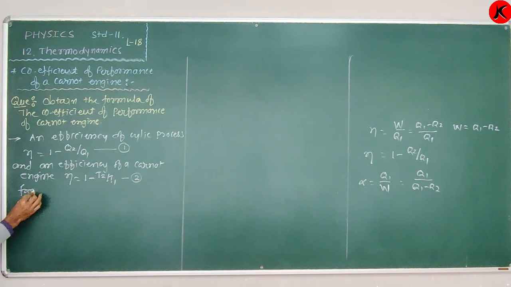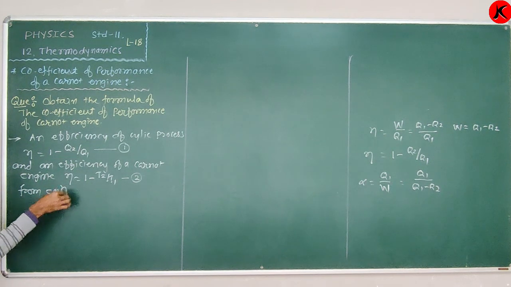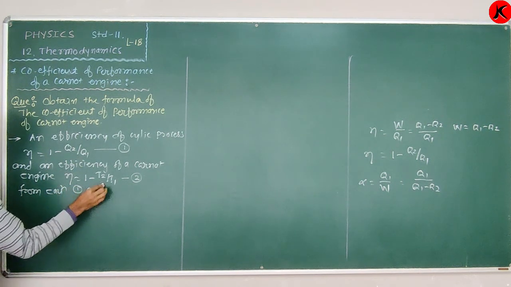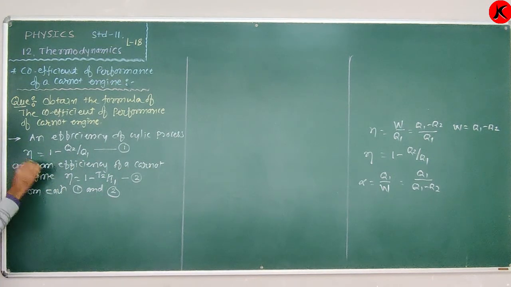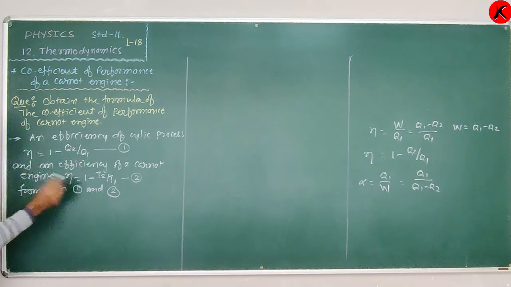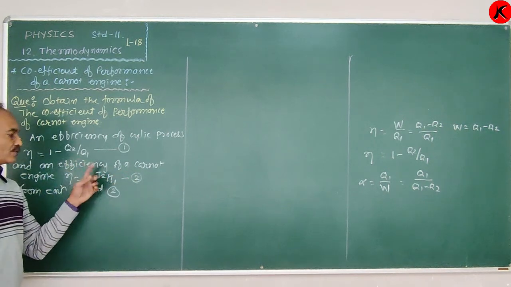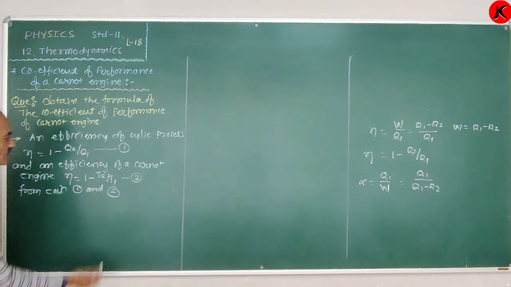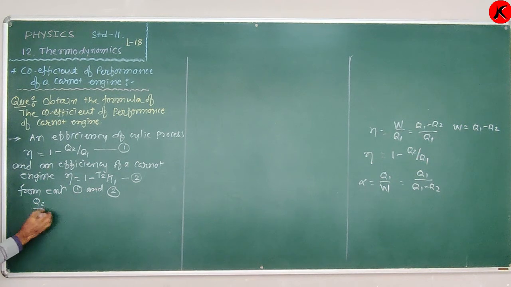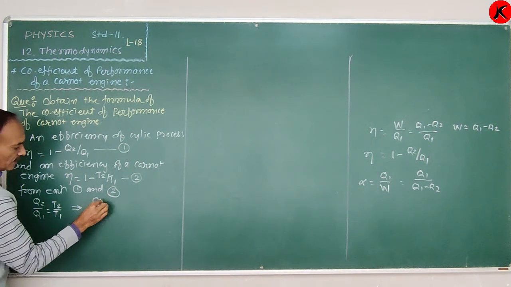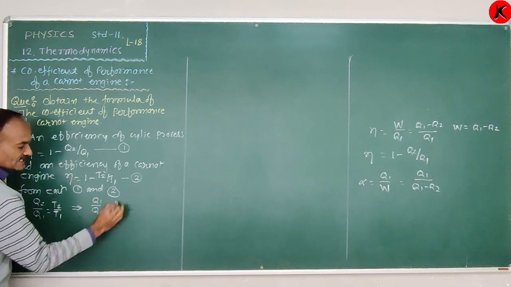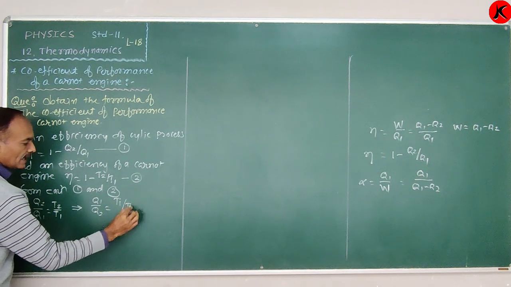From equations 1 and 2, we can say that both left hand sides are the same, in equation 1 it is 1 minus Q2 upon Q1, in equation 2, 1 minus T2 upon T1. So we can write Q2 upon Q1 is equal to T2 upon T1. So from this equation we can say that Q1 upon Q2 is equal to T1 upon T2.